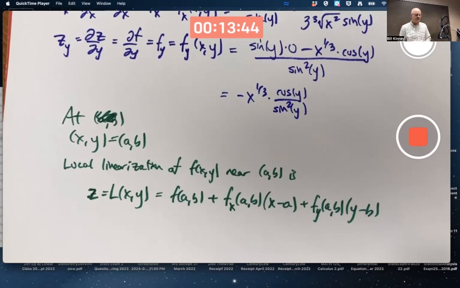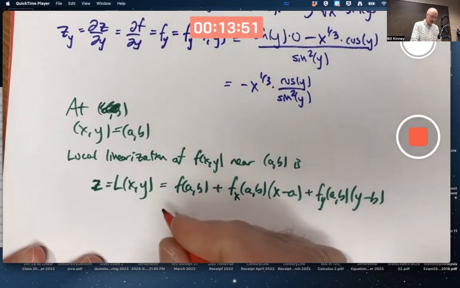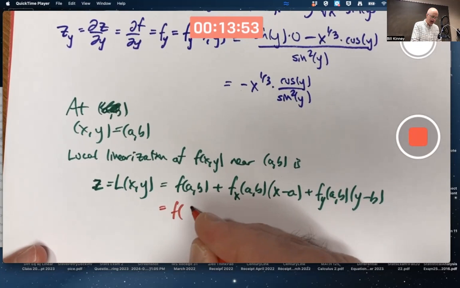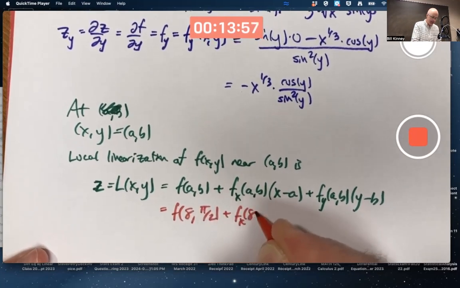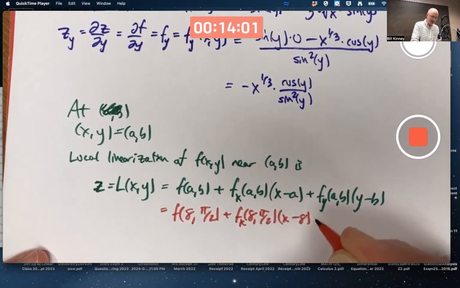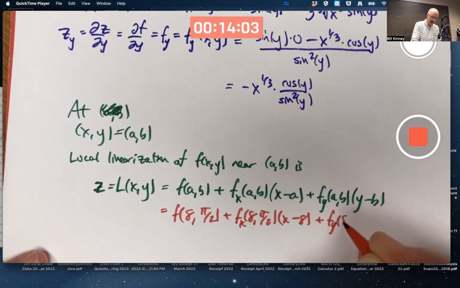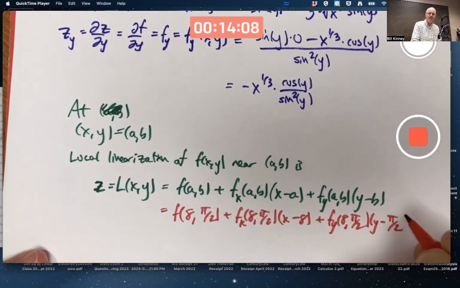For our example, AB is 8 comma pi over 2. This becomes f of 8, pi over 2, plus fx of 8, pi over 2 times x minus 8, plus fy of 8, pi over 2 times y minus pi over 2.